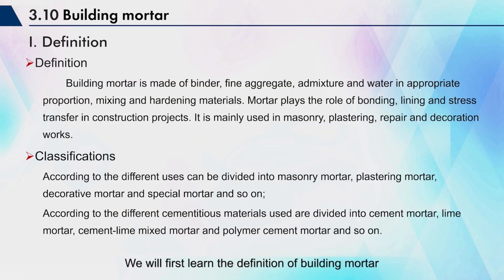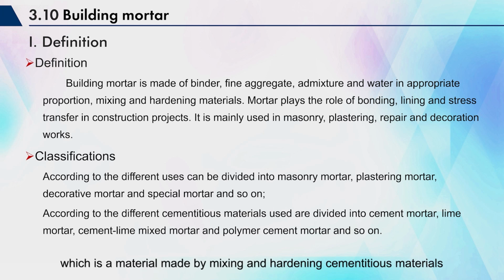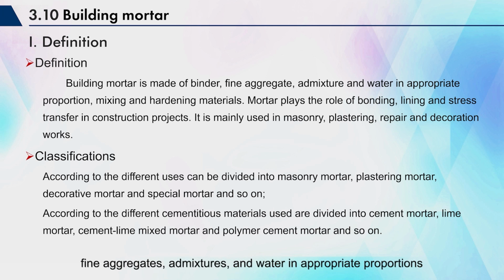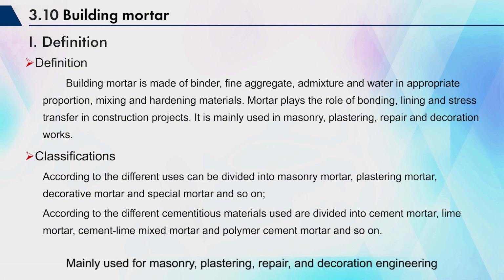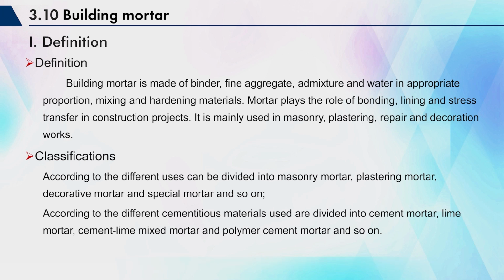We will first learn the definition of building mortar, which is a material made by mixing and hardening cementitious materials, fine aggregates, admixtures, and water in appropriate proportions. Mortar plays a role in bonding, lining, and transmitting stress in construction projects, mainly used for masonry, plastering, repair, and decoration engineering.